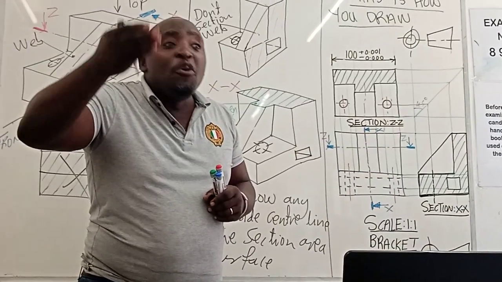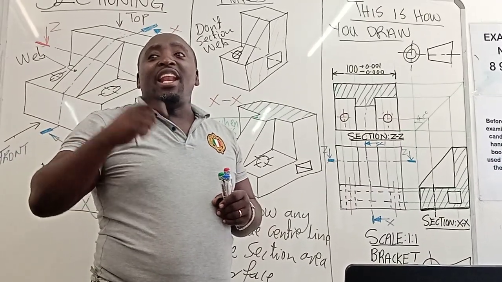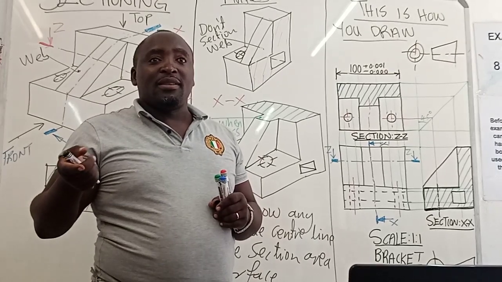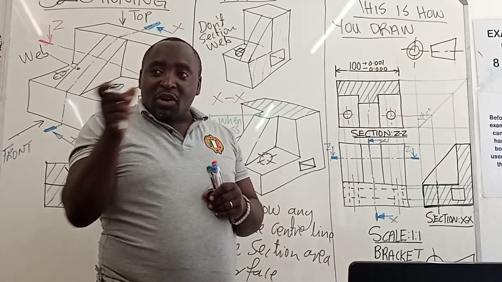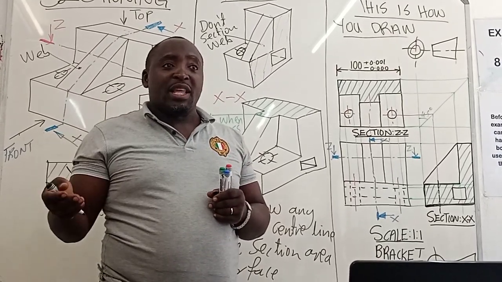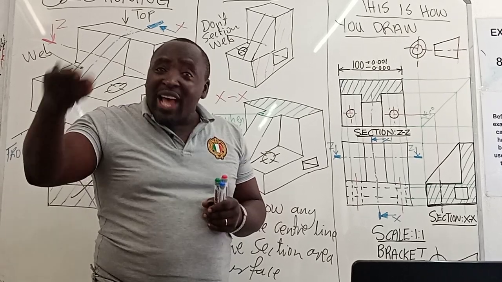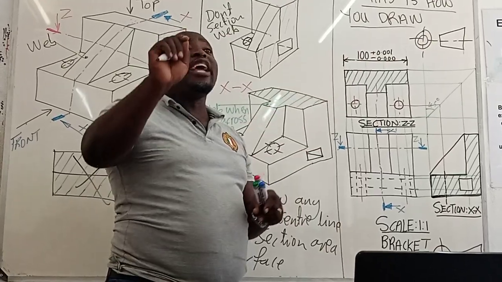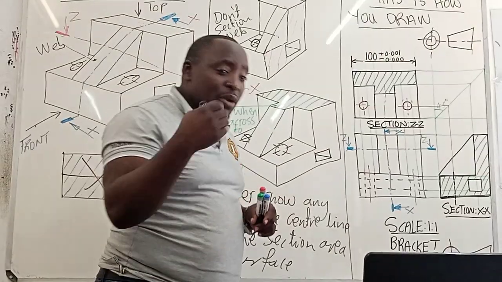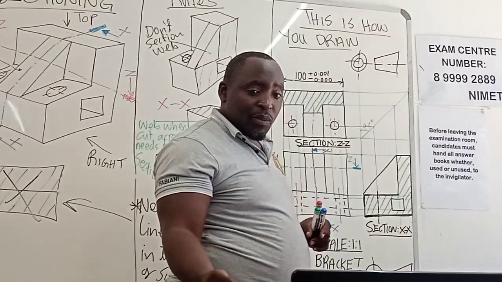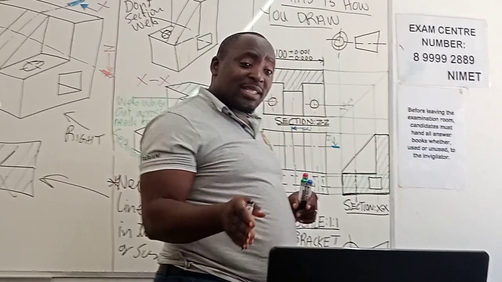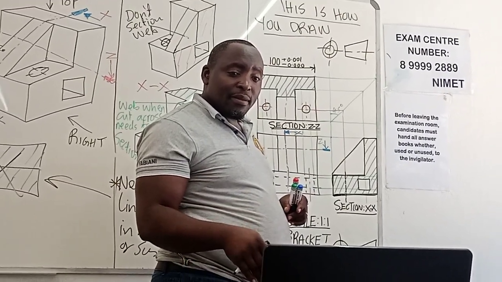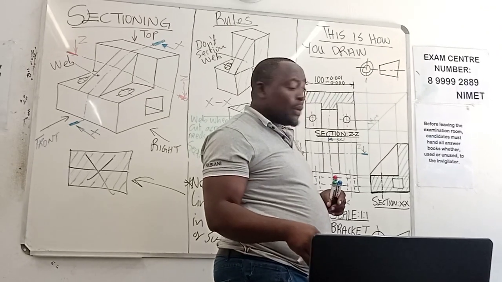But they will give you the limits in micrometers, which we'll discuss when we look at how to read them. They'll give you that information, and you need to show it the way it should be. Are you listening there? Online, are you understanding what I'm saying? Thank you.